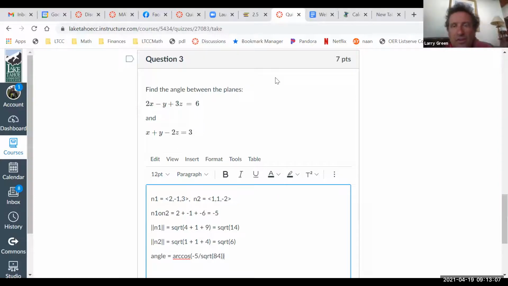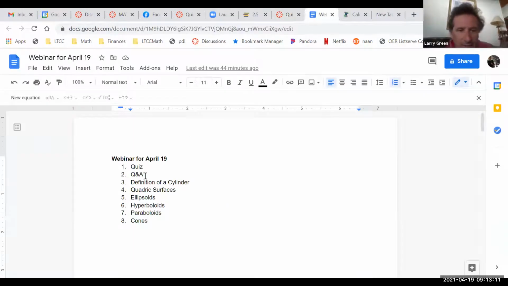Okay, let's jump into the Q&A time. I know way back when there was a question about a homework problem, but you have to let me know what the problem was. Remember the problems are randomized, so you can't just say number 7 because everyone has a different number 7. But if you have a question on the homework or any other question, this is the time.